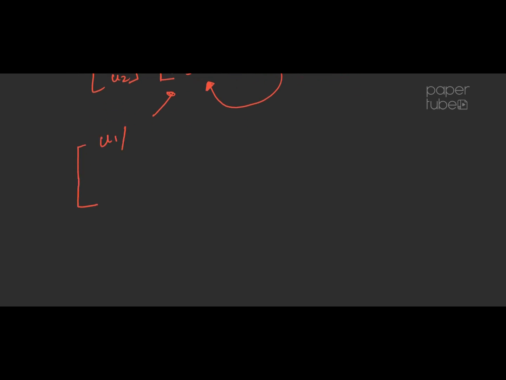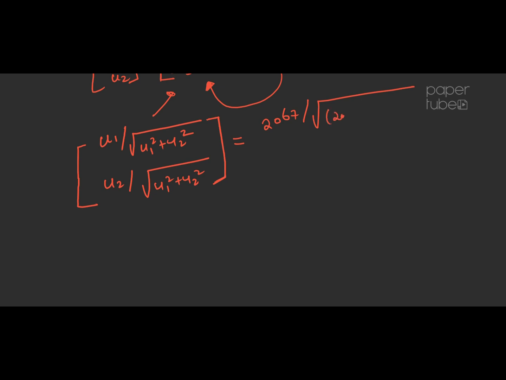You take u1 divided by the square root of u1 square plus u2 square, and u2 divided by the square root of u1 square plus u2 square. If you solve the problem using MATLAB, normally MATLAB will report the normalized eigenvectors. So this is 2067 divided by the square root of 2067 whole square plus minus 345 whole square, and for u2 it's minus 345 divided by the square root of 2067 whole square plus minus 345 whole square.